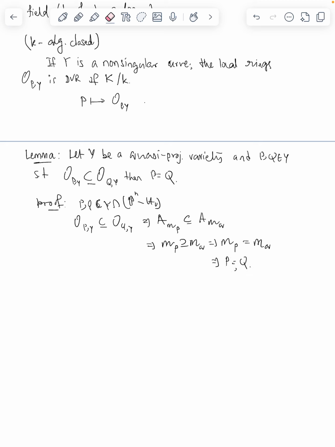So in particular, the assignment P going to O_{P,Y} is one-to-one.